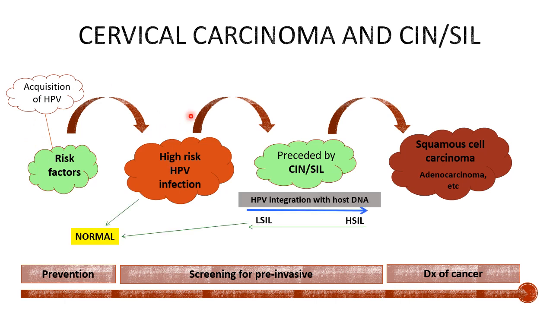Now we know that HPV infection can be transient in many, and only some progress to develop dysplasia and squamous cell carcinoma, and this requires HPV integration with host DNA, in the presence of persistent infection and also other cofactors such as reduced immunity.